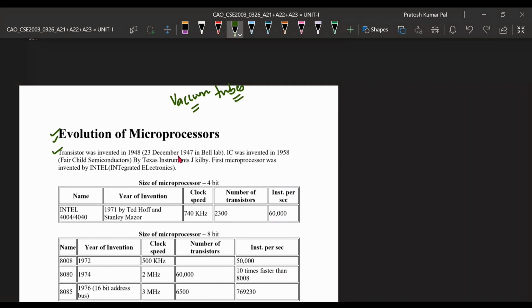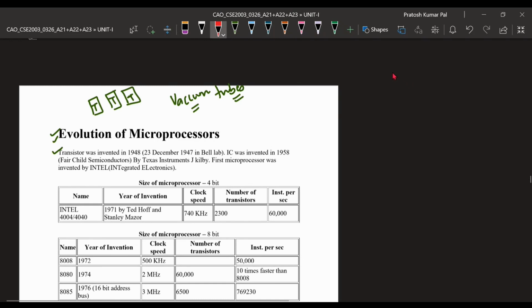After the invention of the transistor, one transistor was fabricated, then another transistor. If we use these transistors for a particular application, consider a basic NOT gate, which is made up of two different transistors.